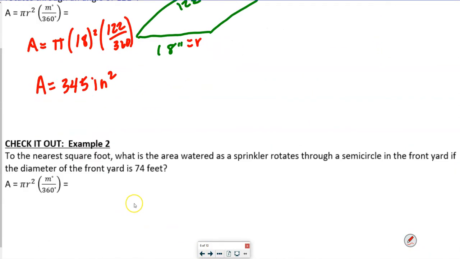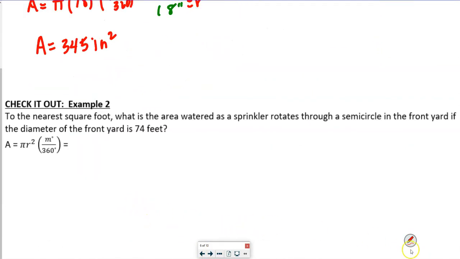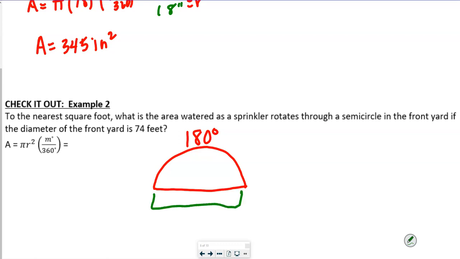Okay. So check it out down here. It says to the nearest foot, what is the area watered as a sprinkler rotates through a semicircle? So that means the sprinkler's going through a semicircle. Isn't this going to be 180 degrees, y'all? Yep. If the diameter, the diameter is the whole length over there, right?